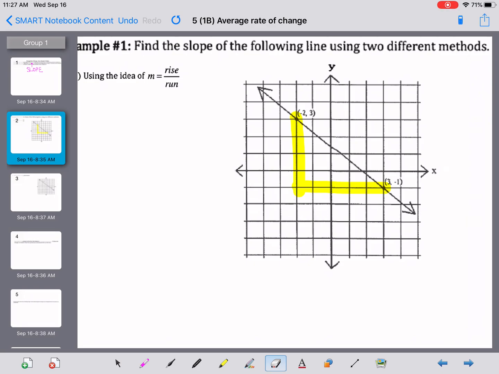And when we look at this, what's going to happen is rise, we went up 1, 2, 3, 4. And we went 1, 2, 3, 4, 5. Now, one thing we have to be careful with, because if we're really technical here, we counted down.